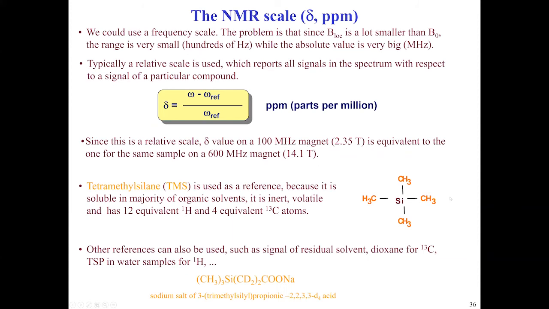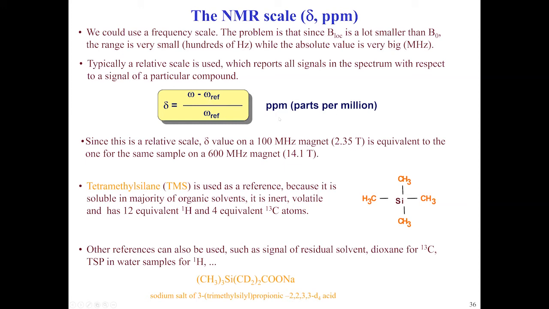What turns out, if you speak in terms of frequency, is that it will be very hard, because probably not two spectrometers around the world have exactly the same frequency down to the 6th or 7th decimal of sub-hertz. So what people came up with is called the chemical shift scale. You take the difference between the frequency of a given group or signal and a reference, and you divide.